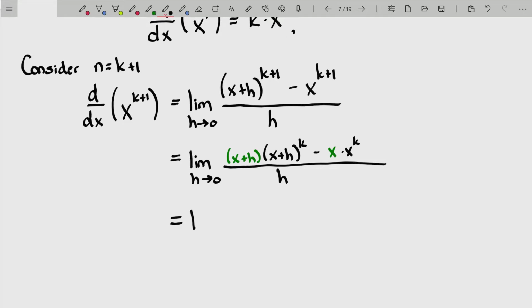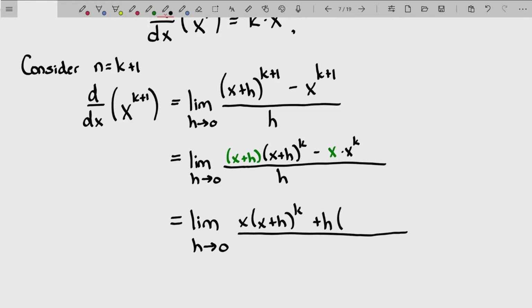Now what I'm going to do is rearrange. Again, just arithmetic, a little bit of algebra. I'm going to distribute. So if I distribute out the x plus h in the first term, I'll get the following: x times x plus h to the k, plus h times, again, x plus h to the k, and then minus x times x to the k, all over h.